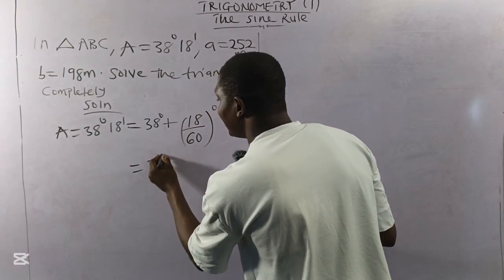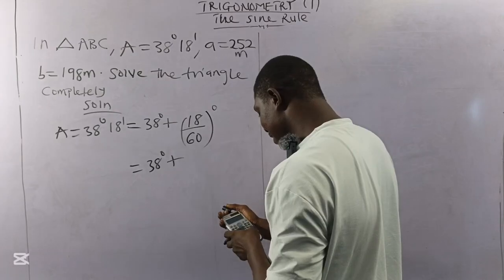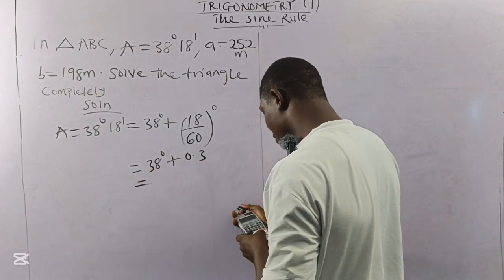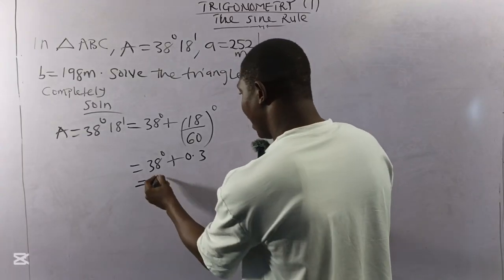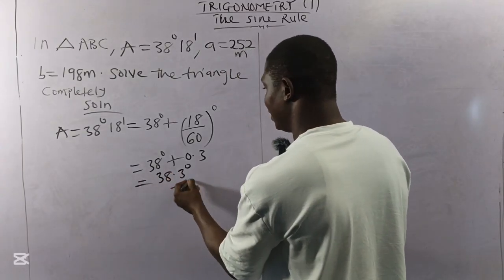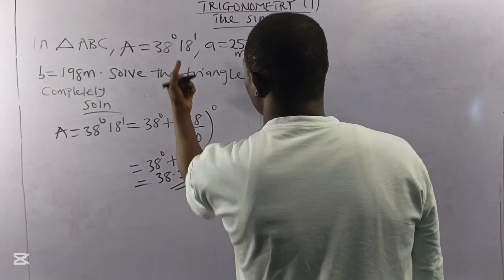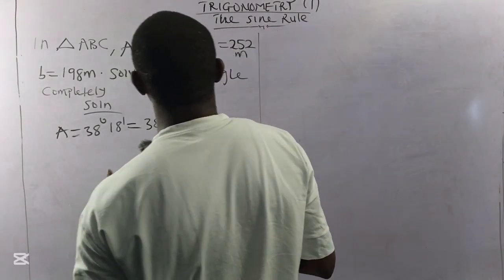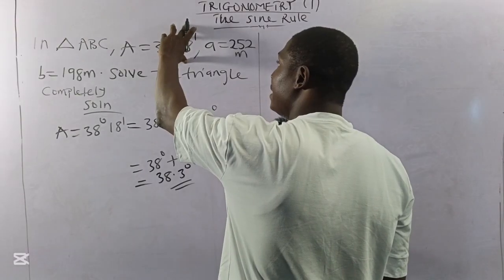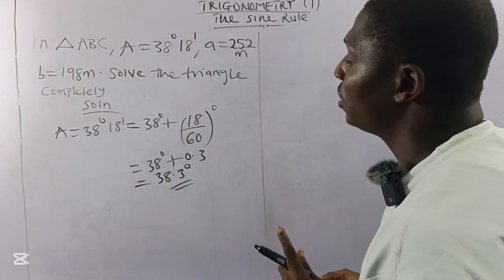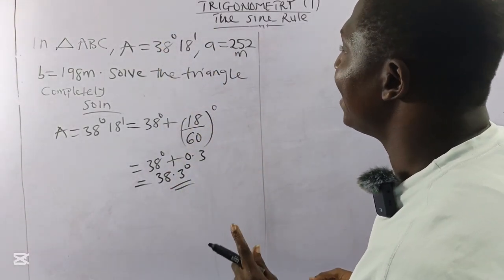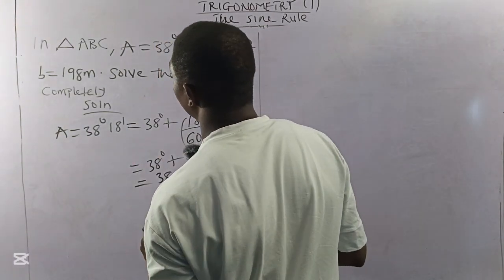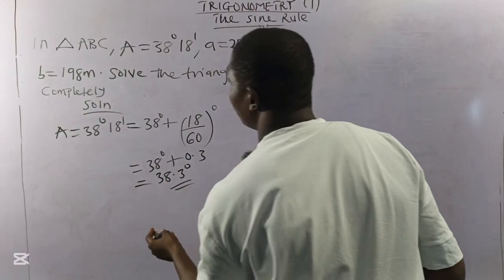So you have 38 degrees plus 18 divided by 60. This will give me 0.3, and plus 38, I have 38.3 degrees as the equivalent of this. But mind you, since this was given in degree minutes, in exam you are expected to work with your degree minutes.